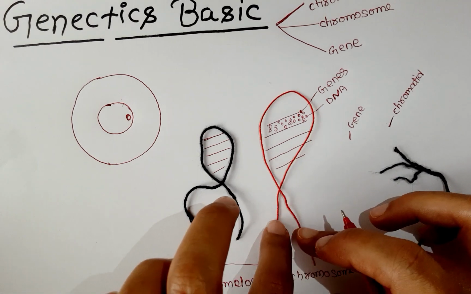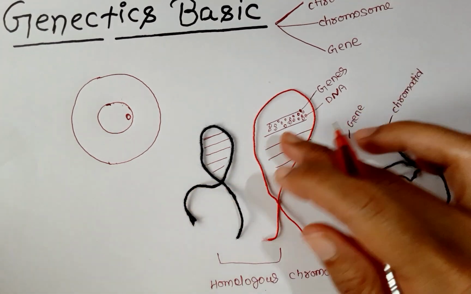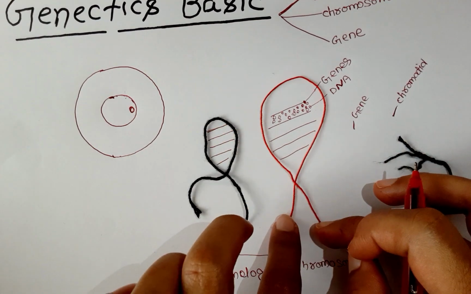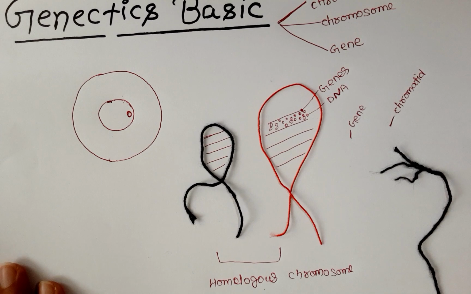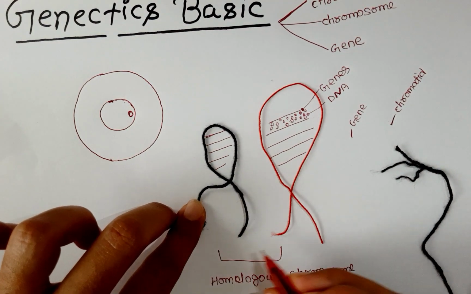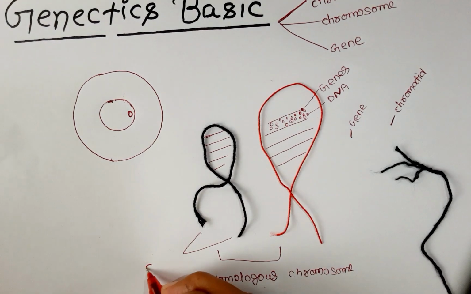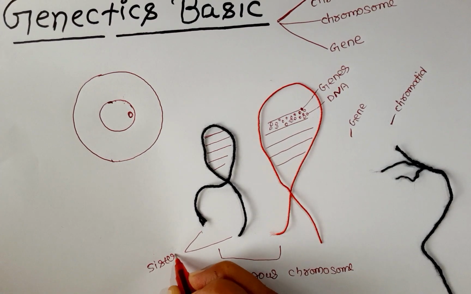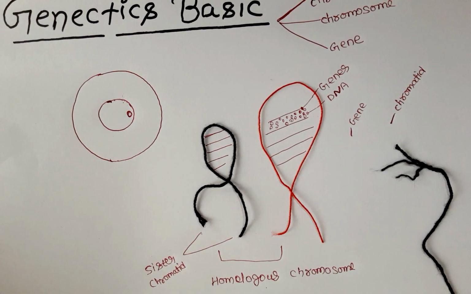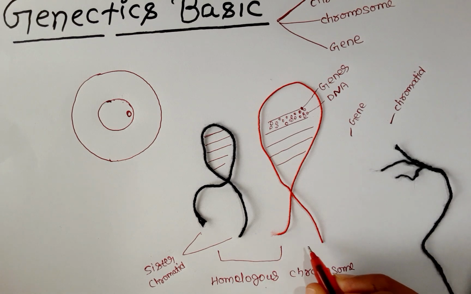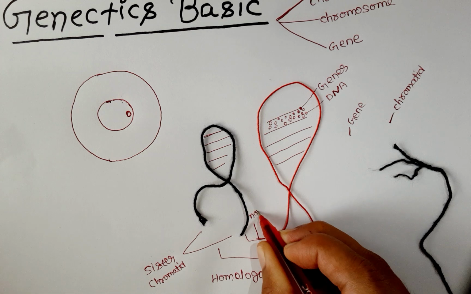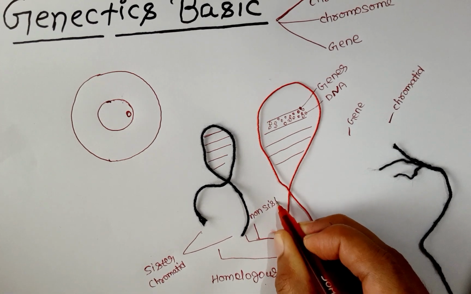So what is the smallest unit of heredity? That is DNA. But we can say the gene is the smallest structural and functional unit of heredity. And both pairs are sister chromatids. And the other color ones are non-sister chromatids, because they are all separate.